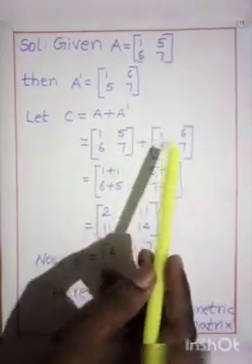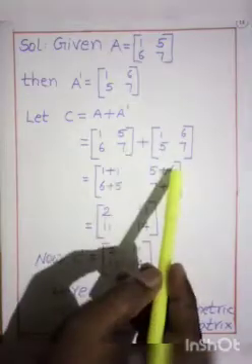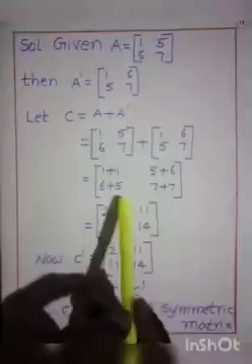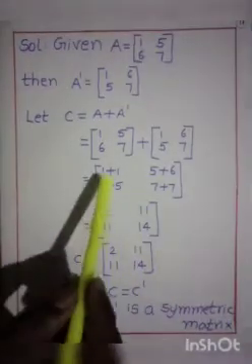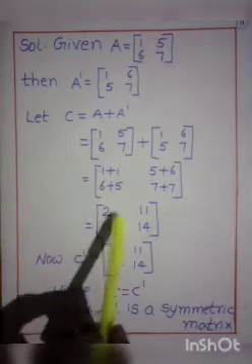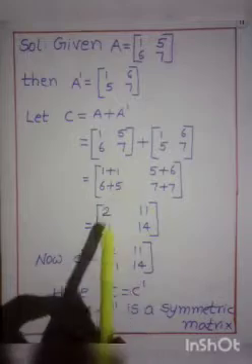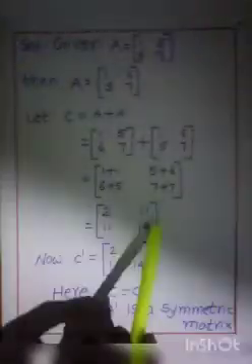So 1 plus 1, 5 plus 6, 6 plus 5, 7 plus 7. That is equal to 2, 11, 11, 14. Understood this step, my dear children?